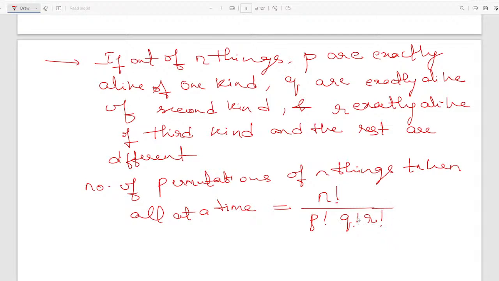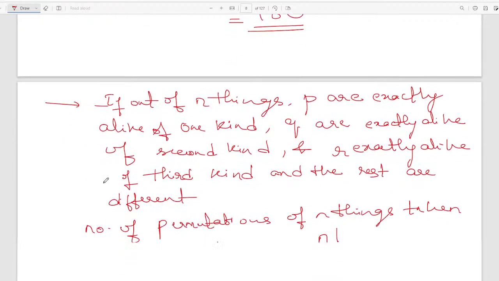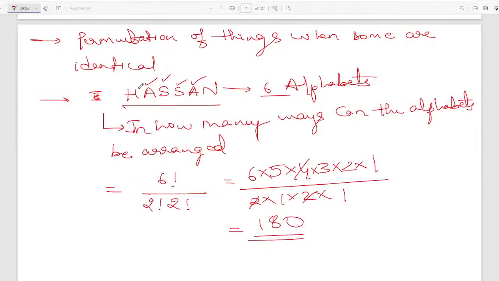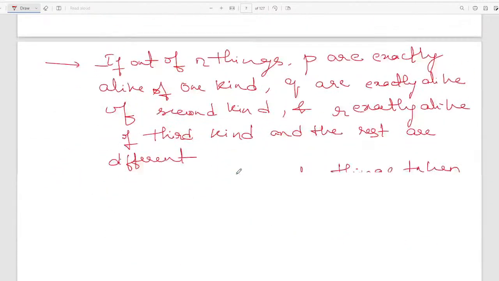This is the formula. Please remember this. In this case, we have used the same formula. There were 6 alphabets, 2 were of the same kind, and then again 2 were of the second kind, AA and SS. So 6 factorial divided by 2 factorial and divided by 2 factorial again. I hope this is clear.